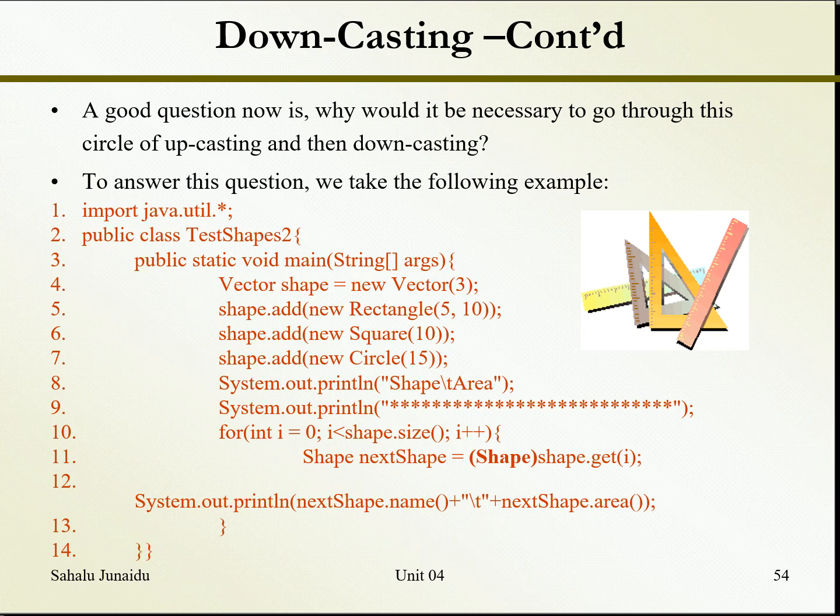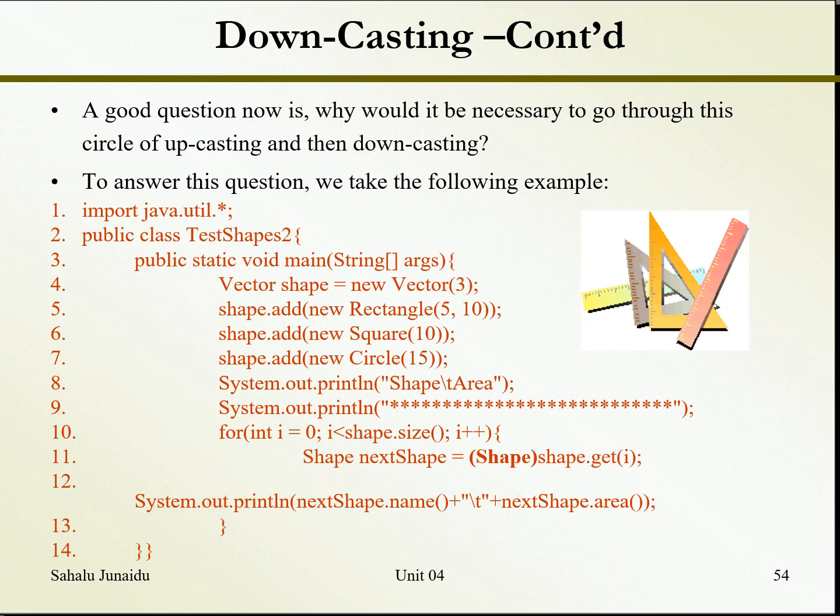So the add method will now add the rectangle, add square, add circle, all in the shape vector. Now, here we print out. Remember that this shape that we are creating, as far as this is concerned, is of type vector, not of type shape.